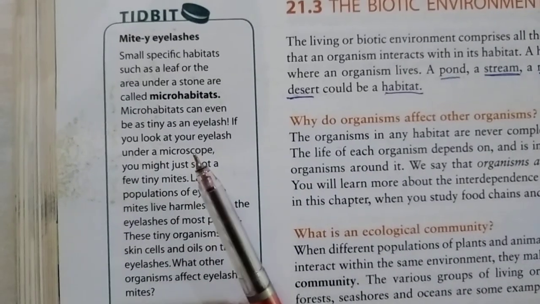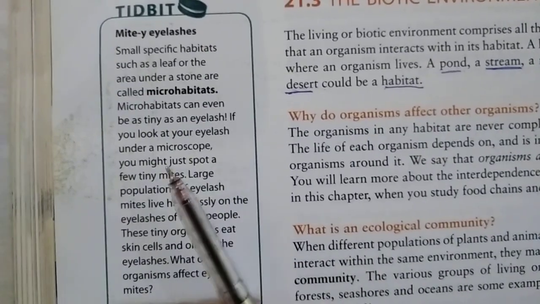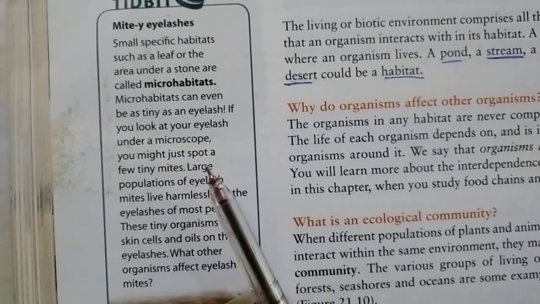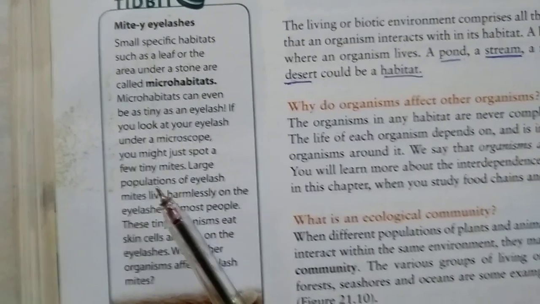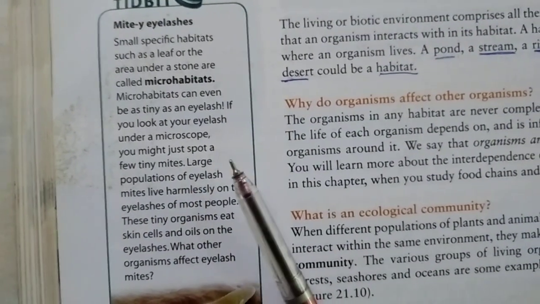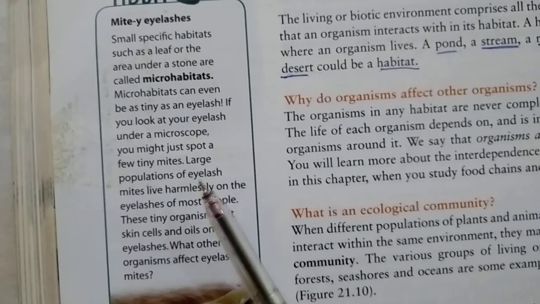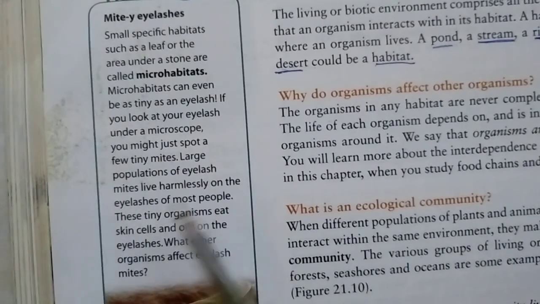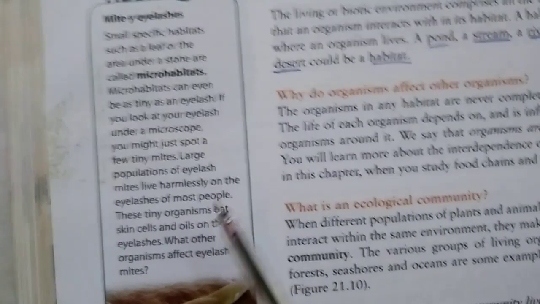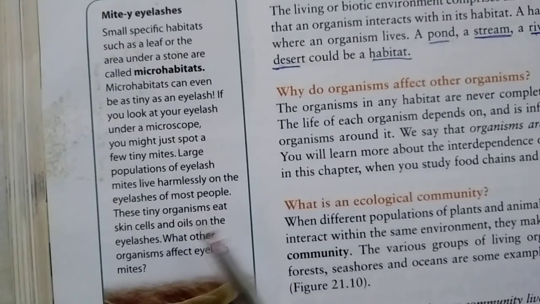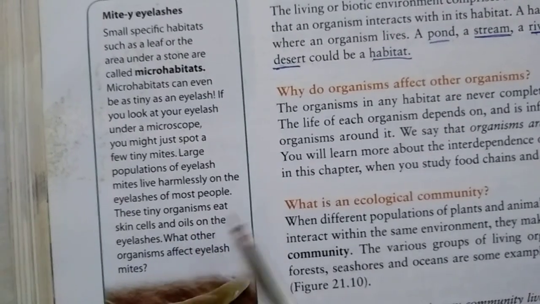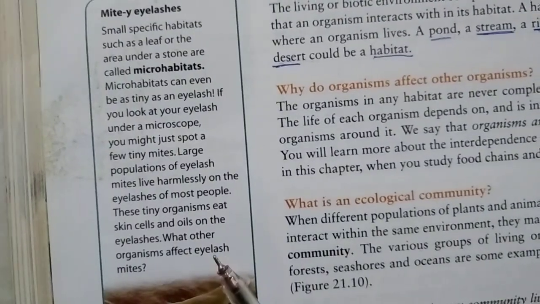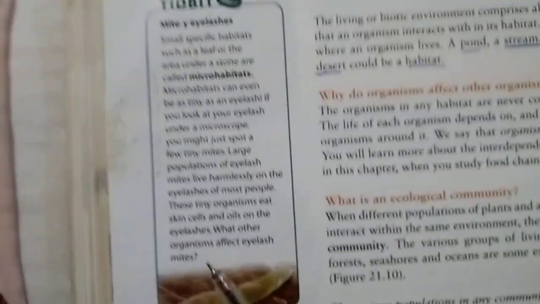If you look at your eyelash under a microscope, you might just spot a few tiny mites. Large populations of eyelash mites live harmlessly on the eyelashes of most people. These tiny organisms eat skin cells and oils on the eyelash. What other organisms affect the eyelash? Mites.